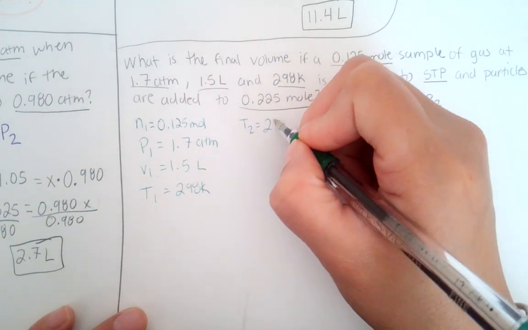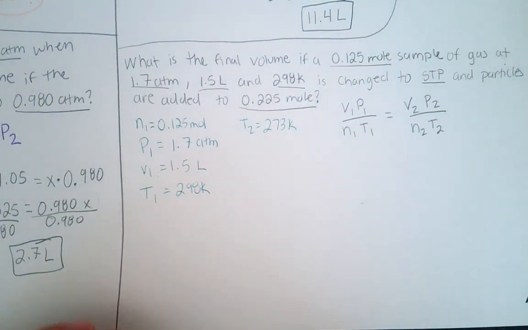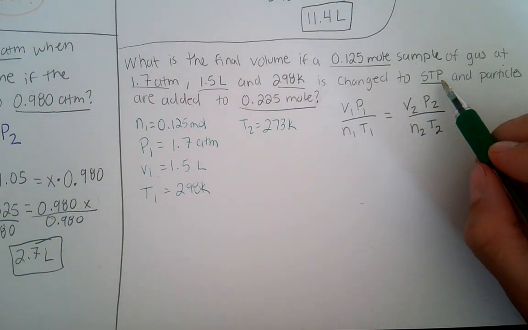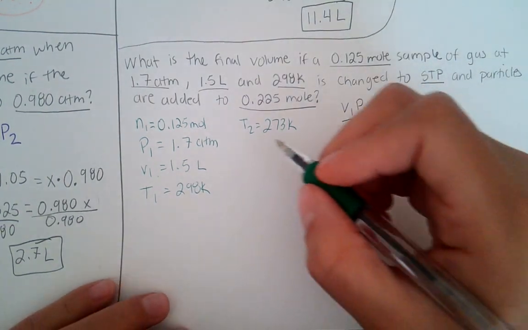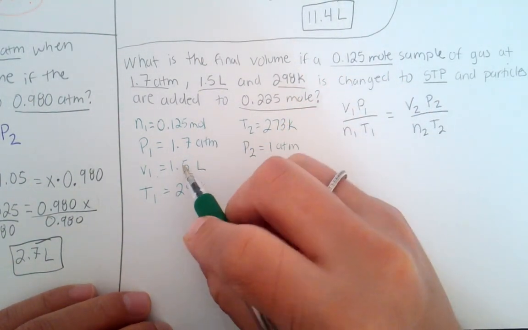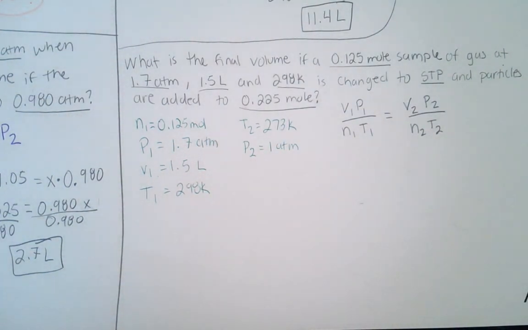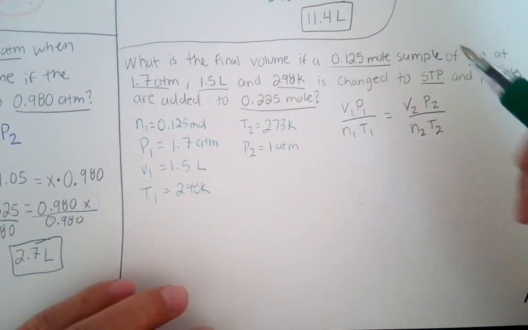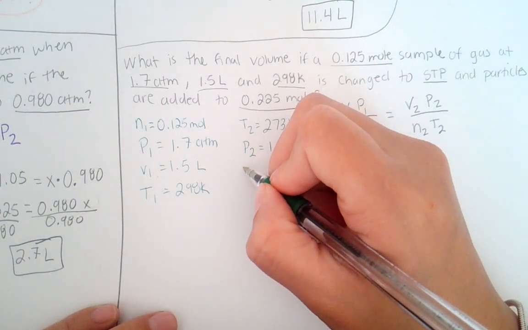That's going to be 273 Kelvin. Okay, so that's our standard temperature. Our standard pressure, so our P2, is going to be 1 atm. And how come I chose 1 atm? Because our P1 is in atm as well. And if we keep going, we have 0.225 moles. So that's going to be our N2.